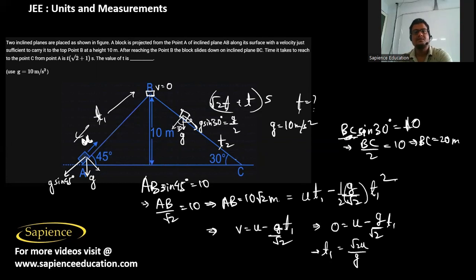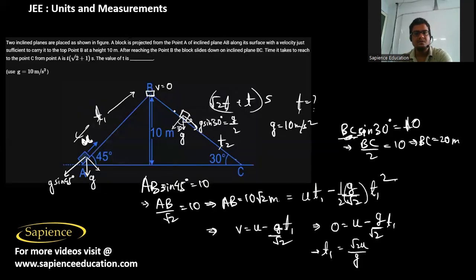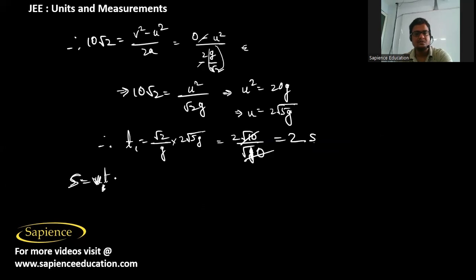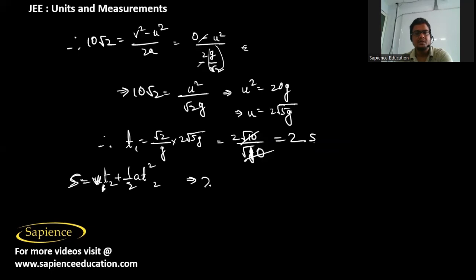Then S equals ut plus half at square. Since v1 is 0, the displacement 20 equals 0 into t2 plus half into G by 2 into t2 square.